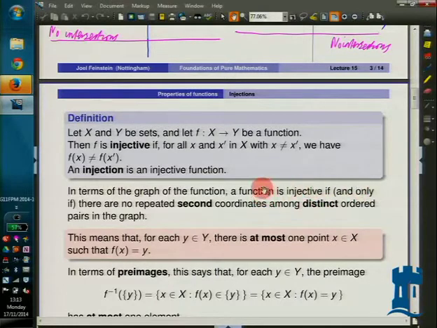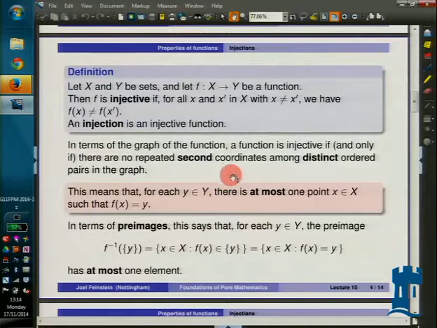So a function is injective if, whenever you've got two different ordered pairs in the graph, they mustn't have the same second coordinate. Another way of saying that: for every point y, there's at most one x with f of x equals y, because there don't have to be any at all. You're not required to be able to get at everything in y, but as long as you can't get at anything in y twice, then you're okay.